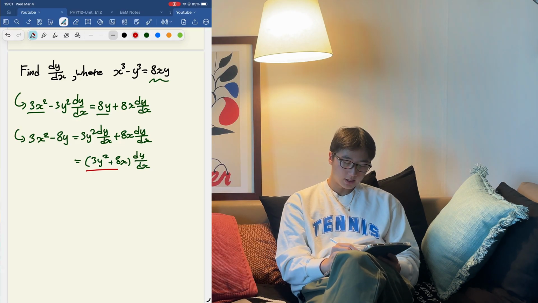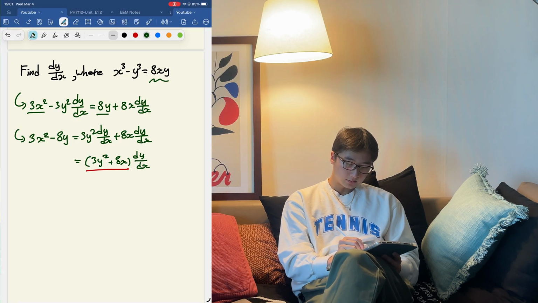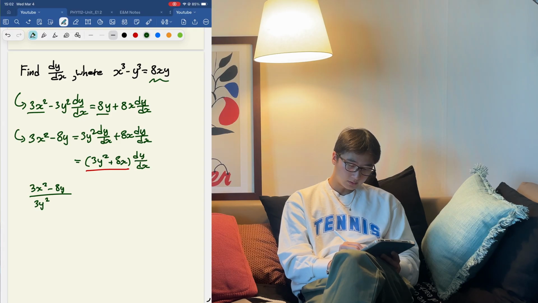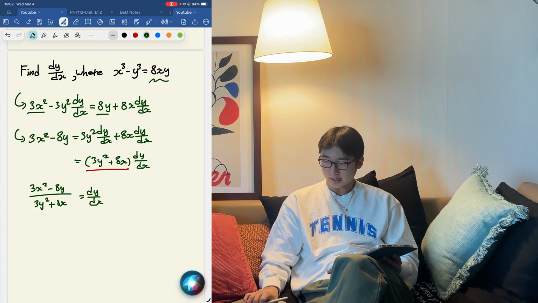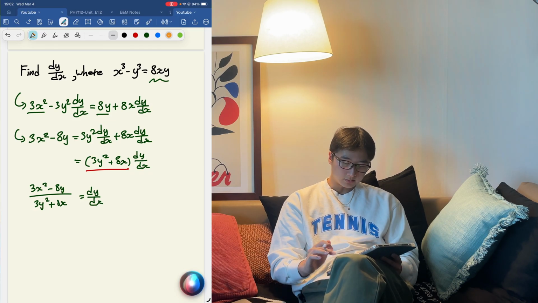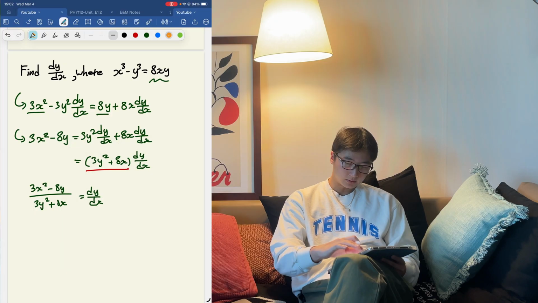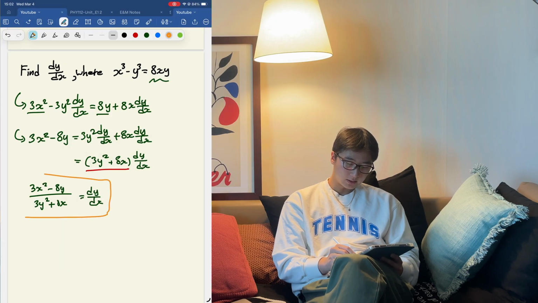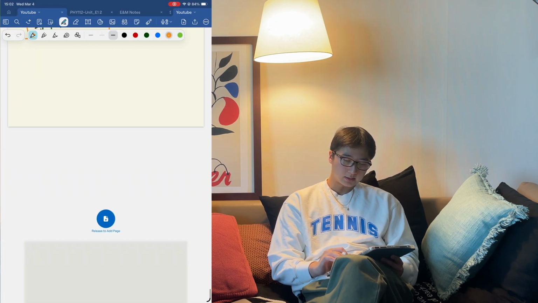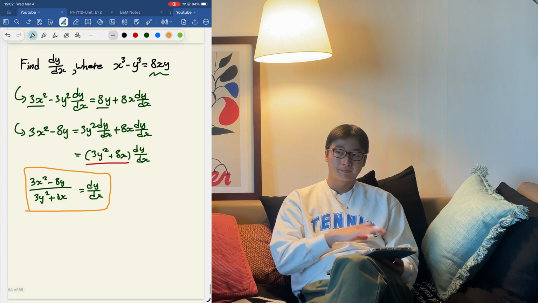And we want to isolate this term. So finally we get 3x squared minus 8y over 3y squared plus 8x is dy dx. And this is how we get the dy dx.